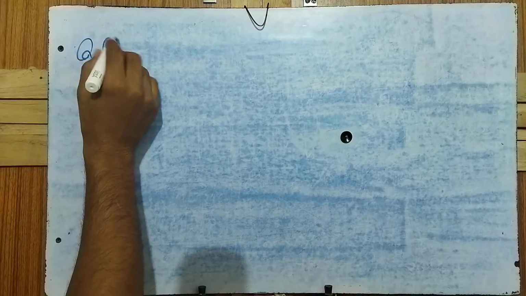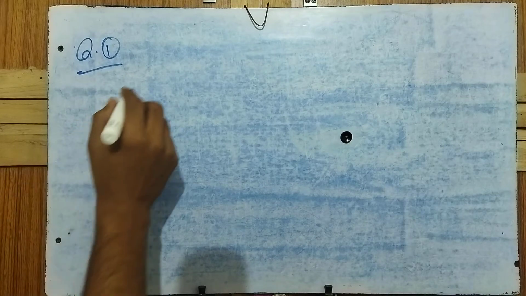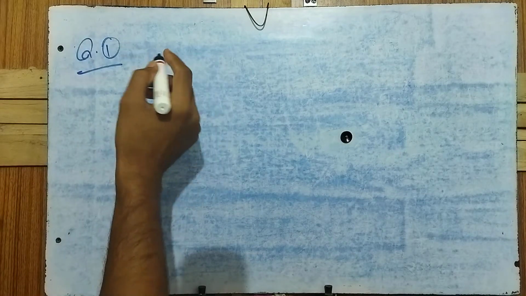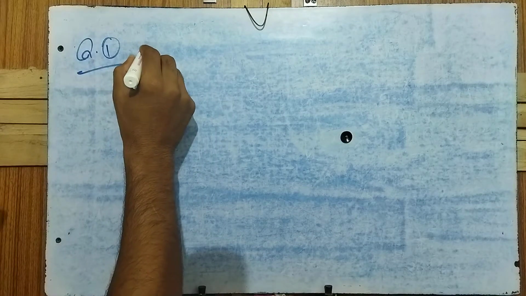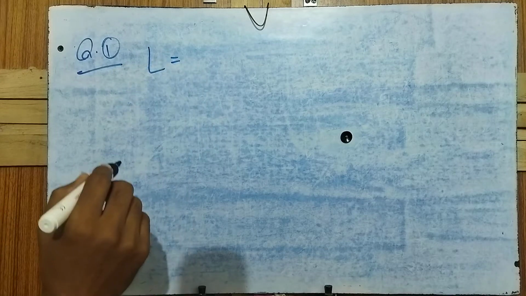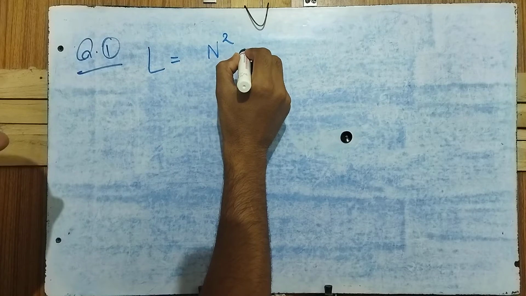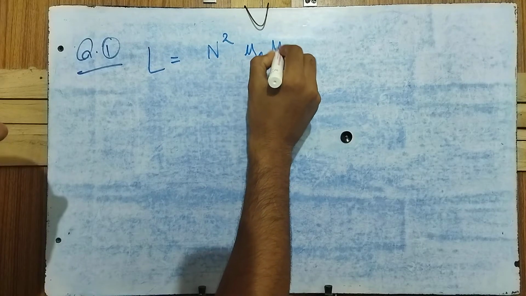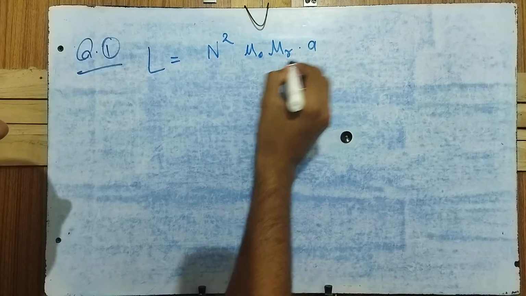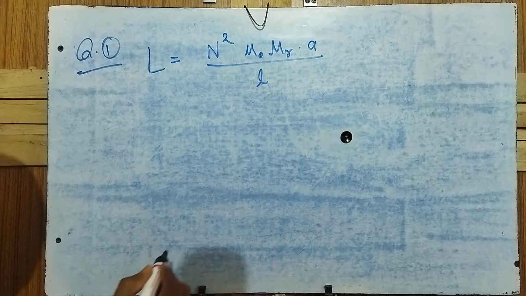So let's start. Question number 1. If an inductor has inductance L, then what are the parameters on which it will depend? Right? L = N² μ₀ μr A / l.